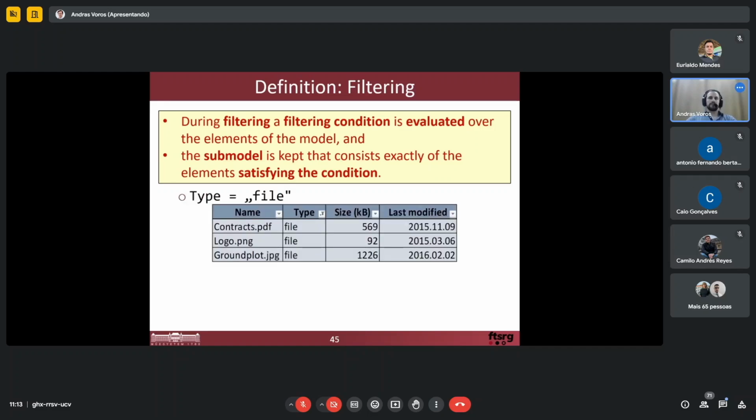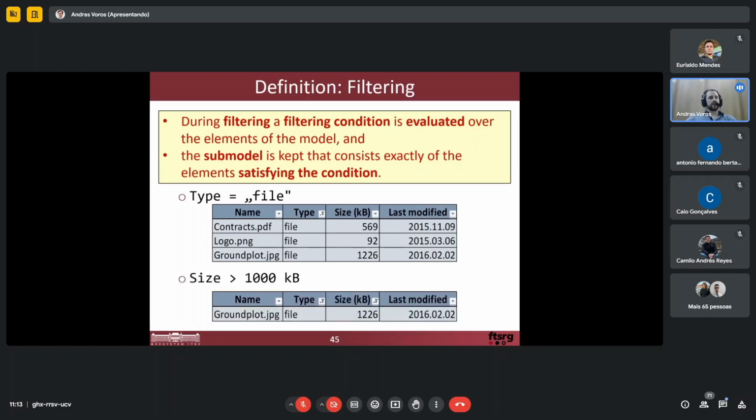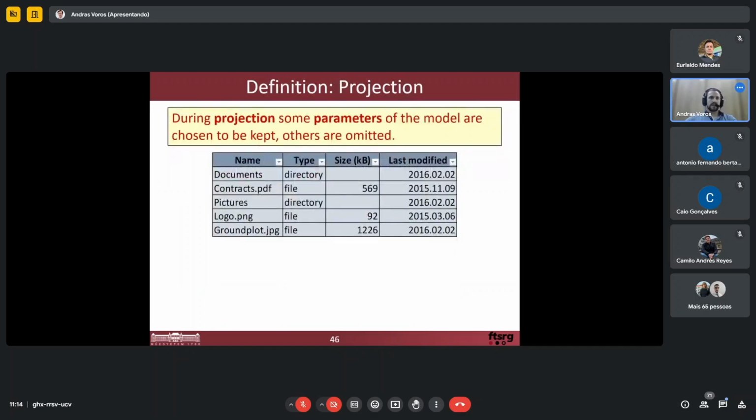So, for example, if you want to filter only those elements in the previous example where the type is file, I will just get these results. And if I further filter to those elements where the size is bigger than 1000 kilobytes, then I will just get one element. So that is how filtering works.